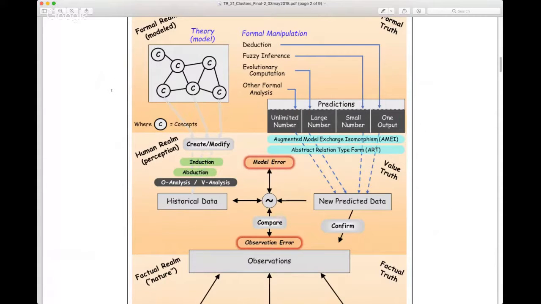You're manipulating that data, clustering it, looking at it, putting it in a form that gives you more information, which then hopefully triggers human abduction or induction. You create or modify your current concept set and make a decision. That can go into the formal realm, look into model theory, and then basically do the manipulations and bring them back.